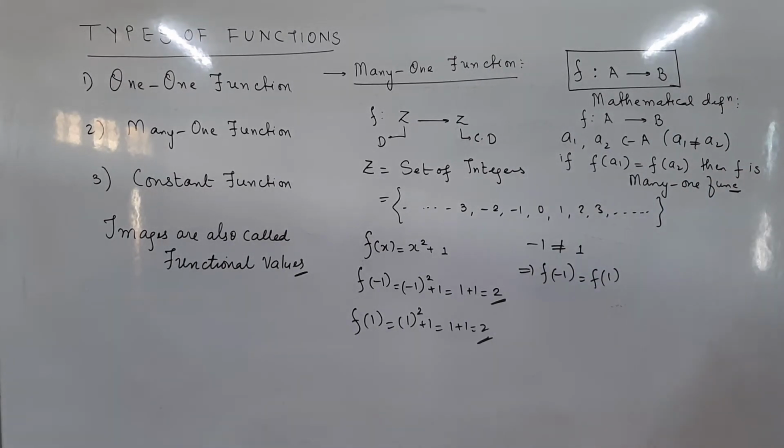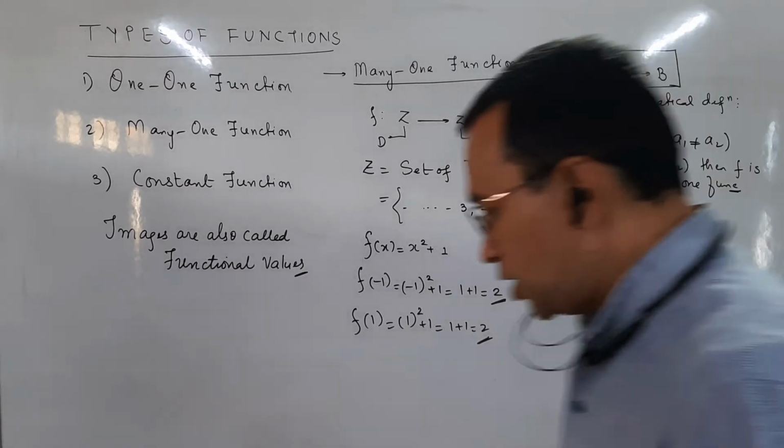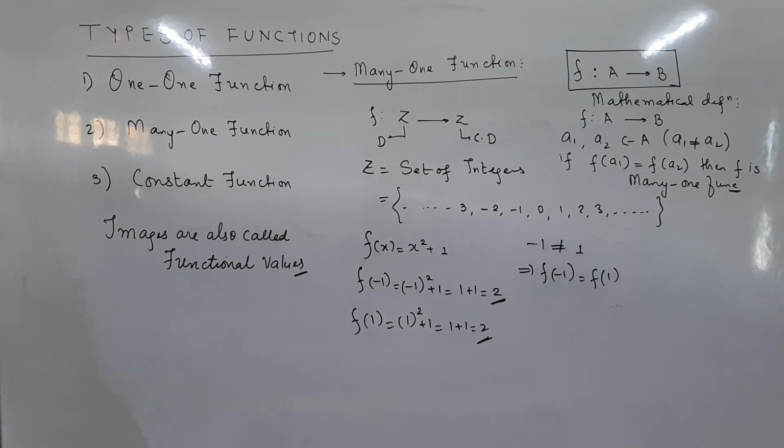So, students, remember in shortcut, if images are distinct, for distinct elements, such a function is one-one. And for distinct elements, if images are same, then such a function is many one function, students. This is what we have to concentrate on.